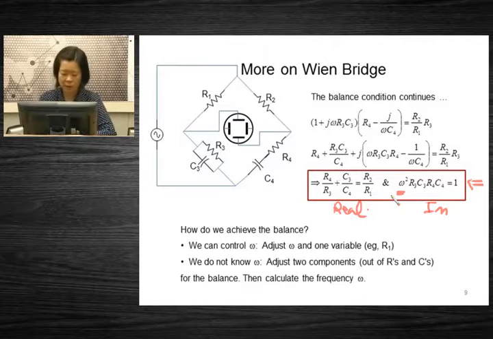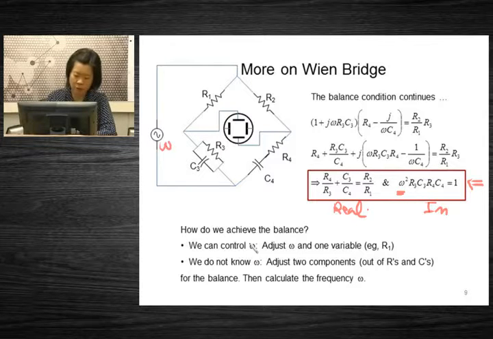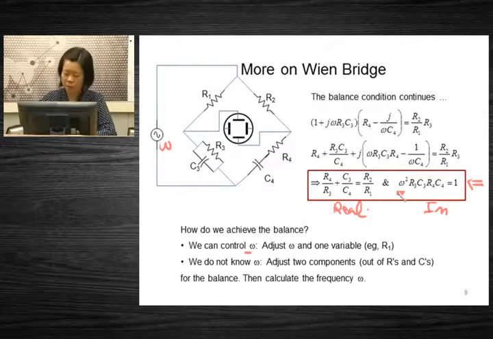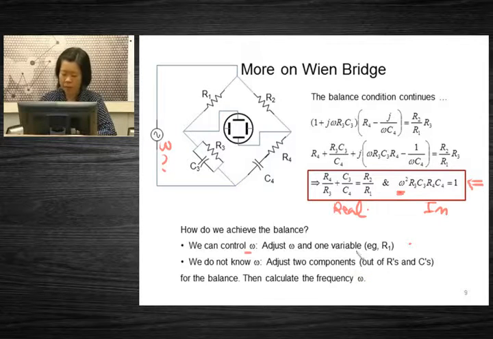Okay, so this is the theory. Then how do we achieve the balance? When we can control the frequency of the input source, then we can adjust the frequency and one of the variables here, for example R1 or R2, to achieve the balance. Now, from time to time, we do not know the frequency. This can be unknown. Then we adjust the other components.